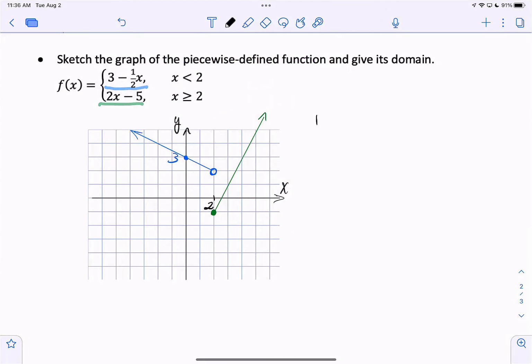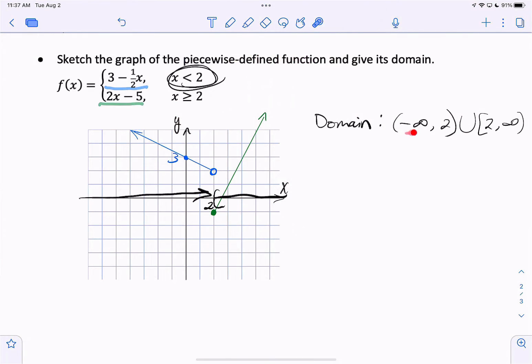As far as the domain, the instructions were sketch the graph and give its domain. Sometimes in a situation like this, people will say, oh, well, x goes from negative infinity to 2. Don't include 2 because this doesn't say to include 2, right? The x is less than 2. And then from 2 to infinity.